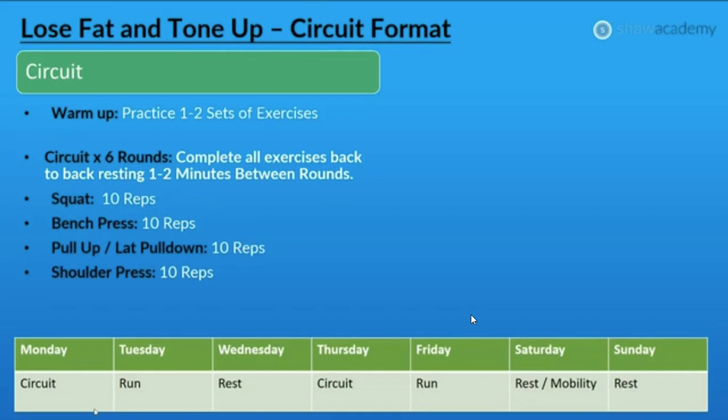We don't have time to do an hour in the gym. We might have time to do 30 minutes in the gym. This is perfect for a beginner. Now, you're going to do 6 rounds of this.